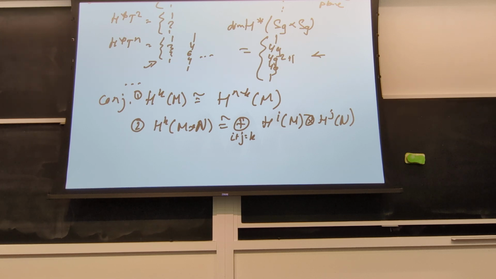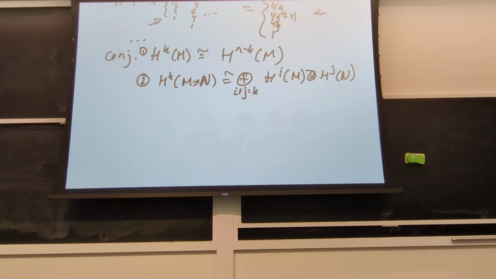Anyone not familiar with tensor product? Okay, so just to give a quick overview, what tensor product essentially means is that you're multiplying things of two vector spaces.